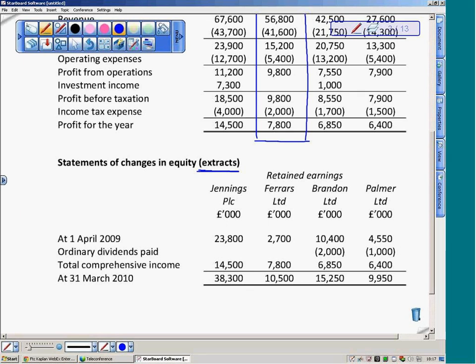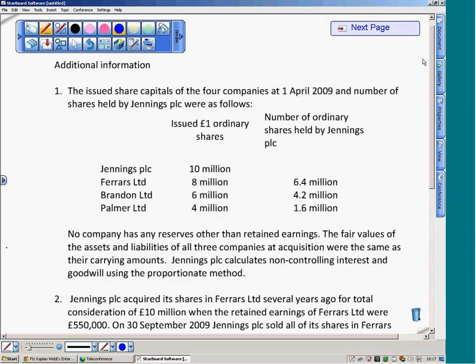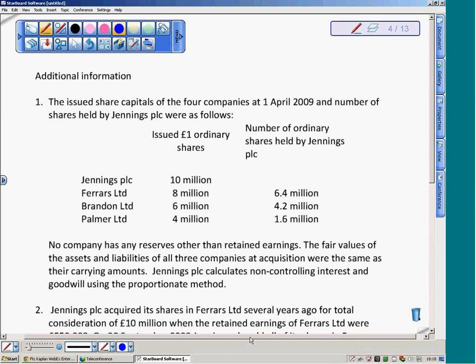Now, when I have a quick look at that, I'm thinking to myself, maybe that's relevant for the part B in this question. Does it want us to calculate the retained earnings extracts in our part B? Maybe we're thinking that information is relevant for that. Paging into the detail of the notes, what do we have? Well, note 1 is giving us information about the shareholding. It's brilliant because it's going to help us with working 1, which is our group structure.